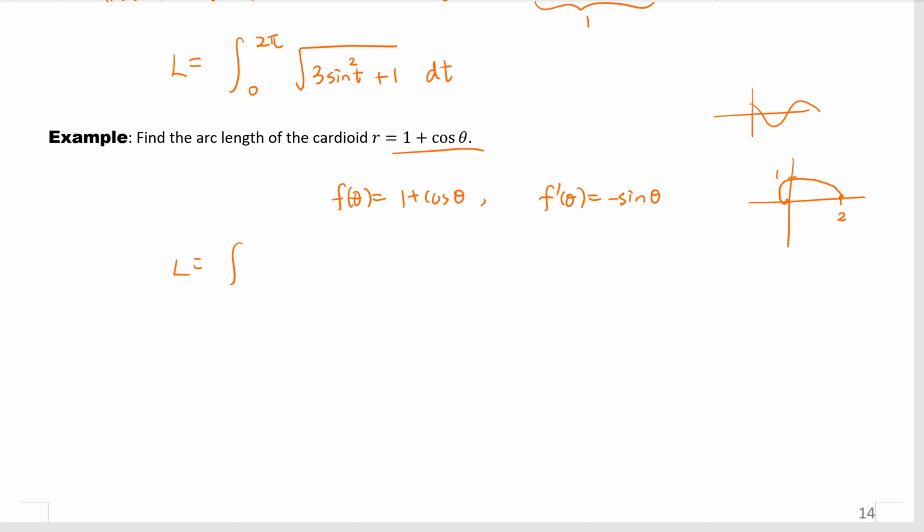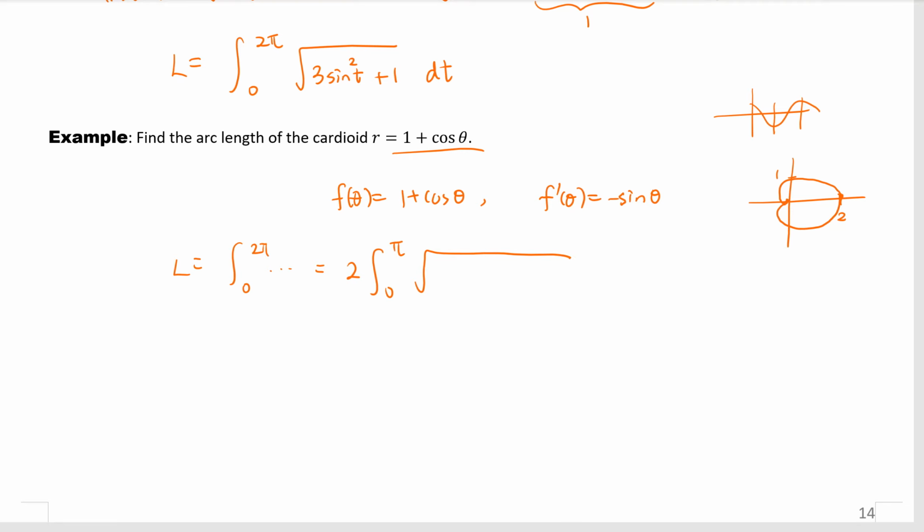And actually, this part and this part are kind of a mirror image, so the other half will be similar to that. So for the arc length, you can calculate theta from 0 to 2 pi, but because the upper half and the bottom half are the same by symmetry, you can calculate 2 copies of the integral from 0 to pi. That will save us some work.